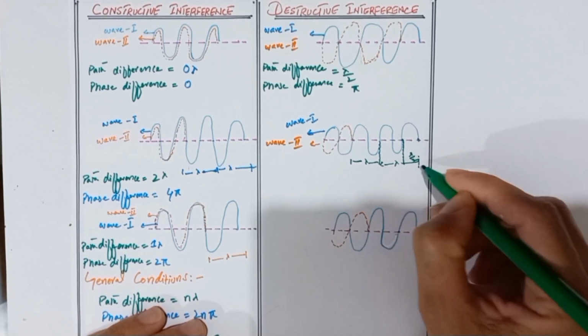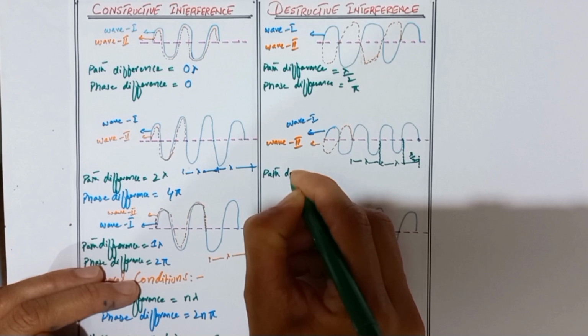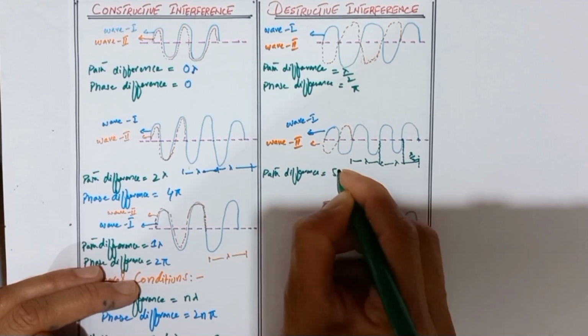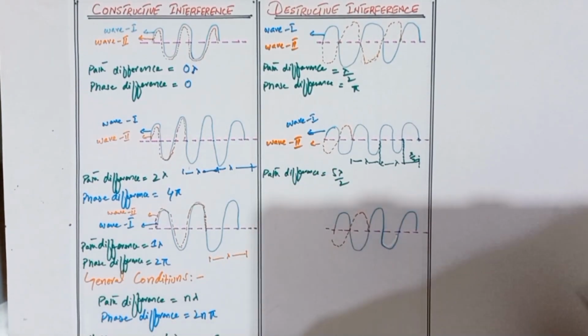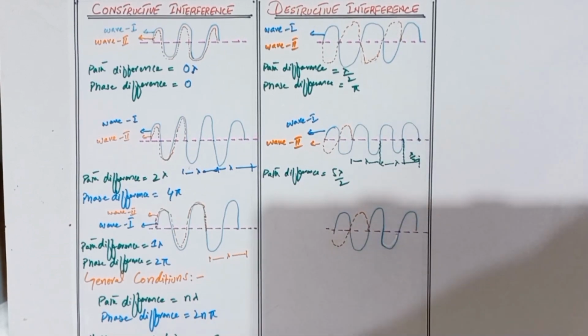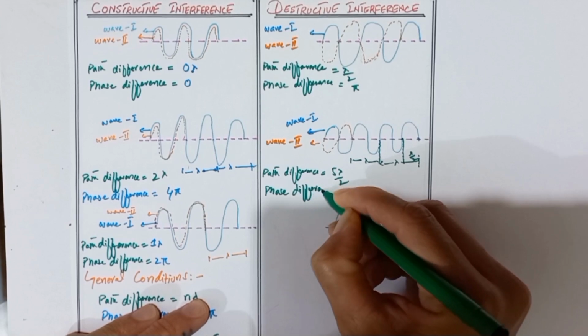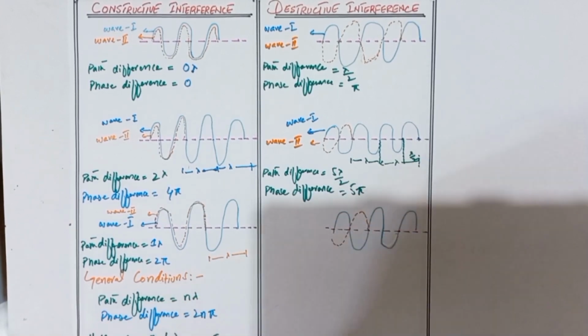If we add the total distance, it is equal to 5 lambda over 2. So the path difference is 5 lambda over 2. The phase difference is pi plus pi, 2 pi, 3 pi, 4 pi and 5 pi. So the phase difference is equal to 5 pi.